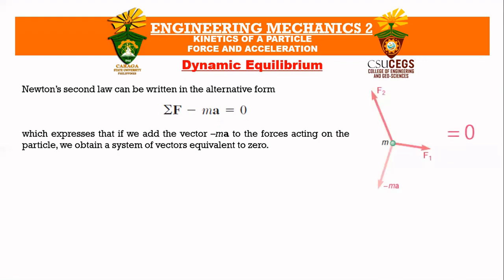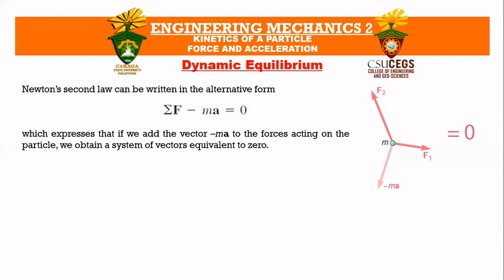So here in the diagram, there are forces acting on the particle, and if we add the vector negative ma, the sum including the summation of all forces is equal to 0.